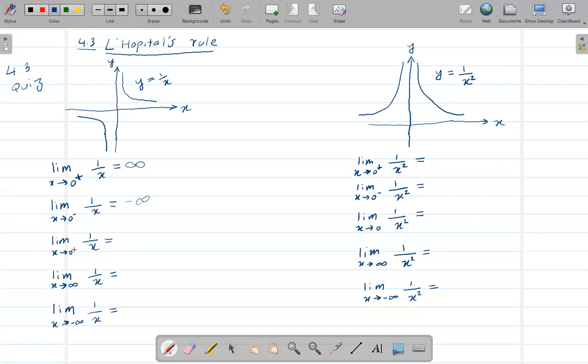The only time we can find the limit as x equals just 0 with these kinds of pictures is when both values are the same. Since this one is going towards positive infinity and this one towards negative infinity, in this case we cannot find the limit of 1 over x when x goes to just 0. So this is undefined.